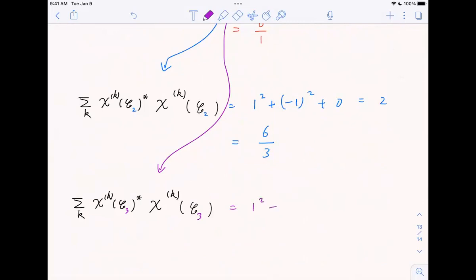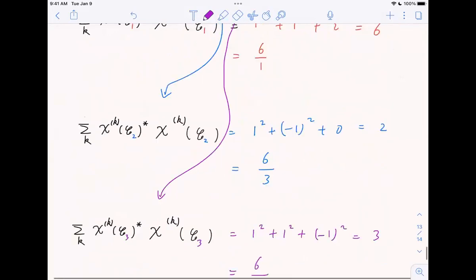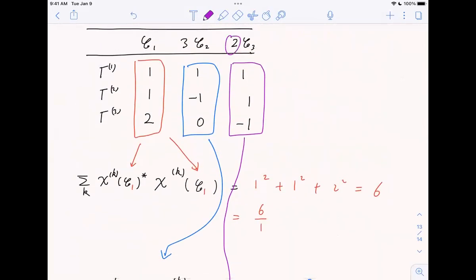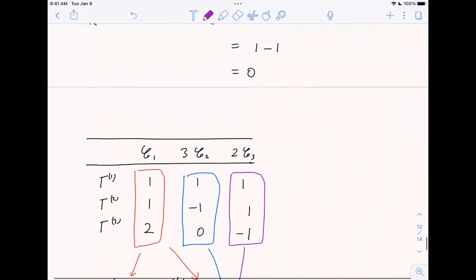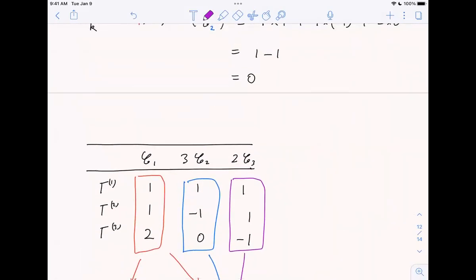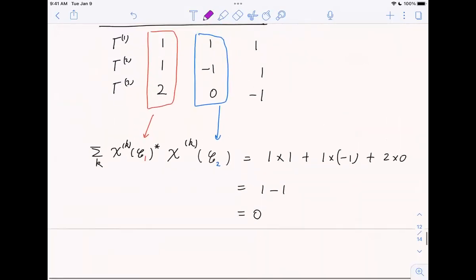So it's 1 square, 1 square, negative 1 square, so it will be 3. How many elements are there in the class? There are 2. Then you get 2. So this shows the second orthogonality relationship. The algebra is pretty straightforward, but when you look at the character table, you just know that those numbers follow some particular rules.